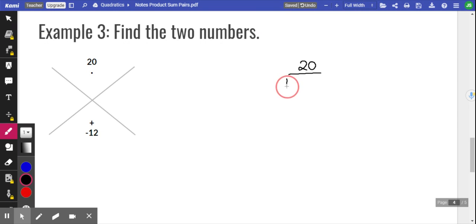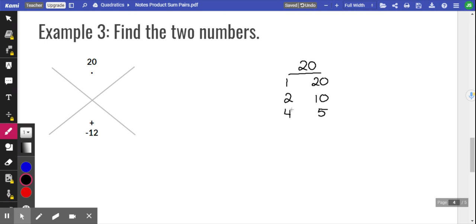Well, I can do 1 times 20. 20 is an even number, so 2 has to go in. 2 times 10 would give me 20. 3, if I try to divide 3 in, it's not going to work. 4 does work. 4 goes into 20 5 times, and those are right next to each other. There are no other factor pairs.